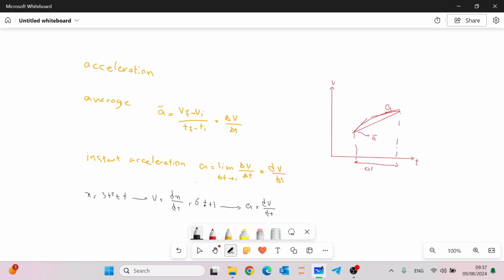The derivative of 6t plus 1 gives me 6 meters per second squared. This is the dimension of acceleration, which is important. Meter per second squared. As you can see, this is also meter per second over second. It would be meter per second squared.